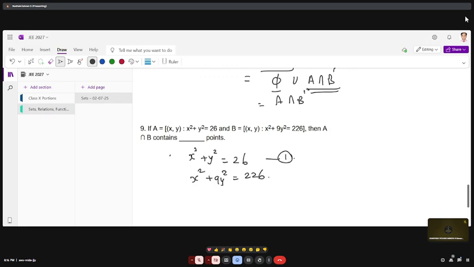So any value of x you can take, not necessarily integers. You can take x equal to 2 also. If you take x equal to 2, what happens? X square is 4, so y square will become 22. So you can take square root of 22. That is also correct, because it doesn't say x and y are integers.